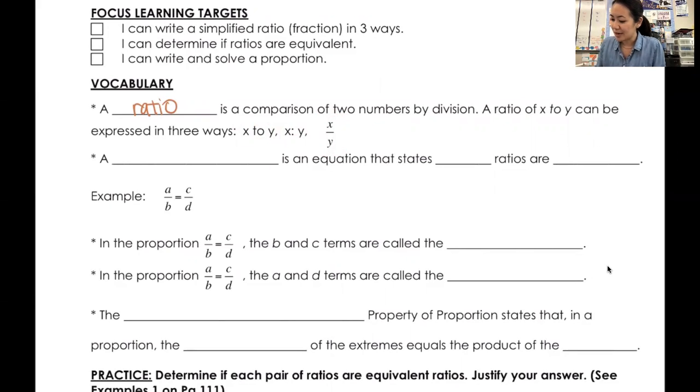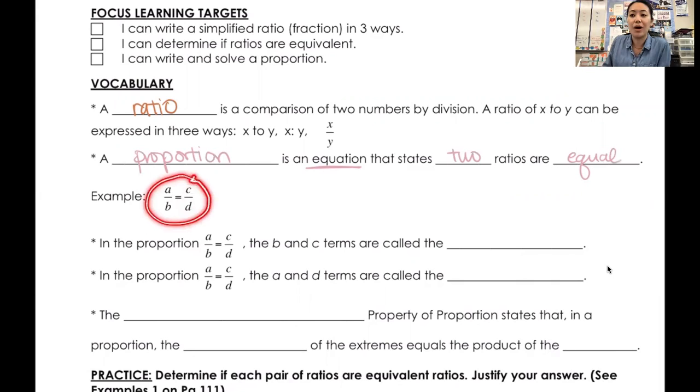All right, now a proportion is an equation that states that two ratios are equal. So for example, I have a ratio of A over B being equal to C over D. So this whole thing is considered one proportion.